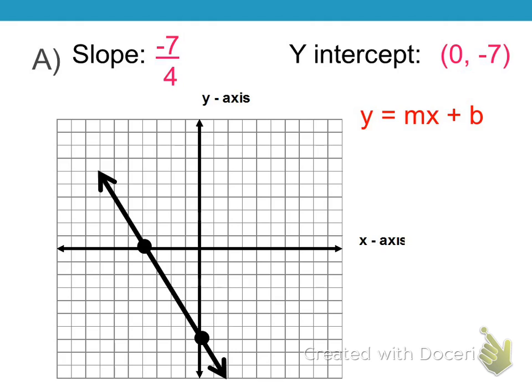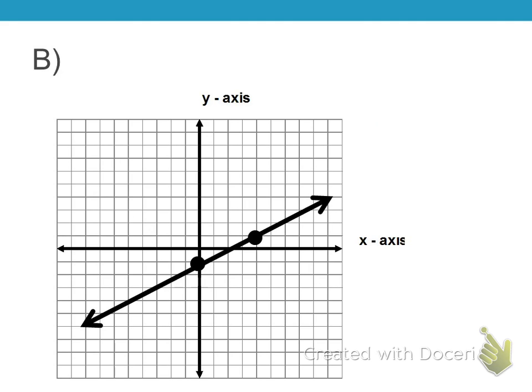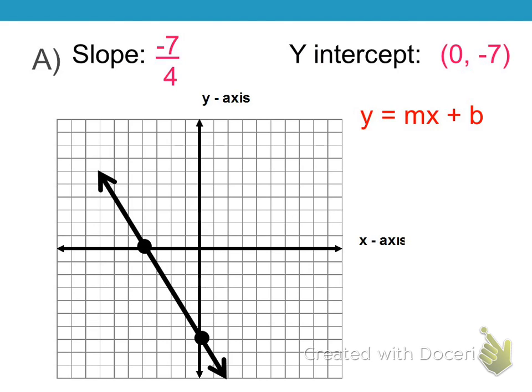Now, the negative 7 over 4 goes in for which part of this equation? What letter do we use for slope? M. So take the m out and put negative 7/4 in. What goes in for b?